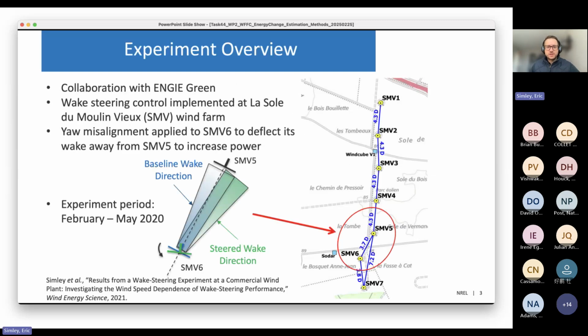All right, so I thought I would just give an overview of the SMARTEOLE experiment. I did present on this a few years ago, so some of this is just a review.